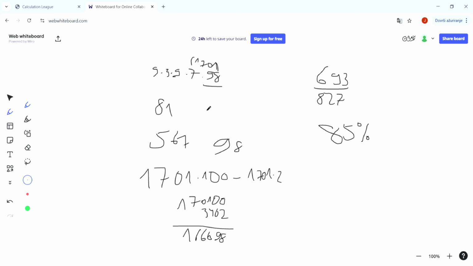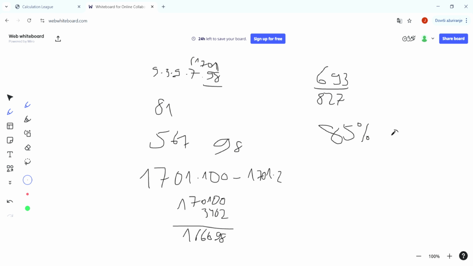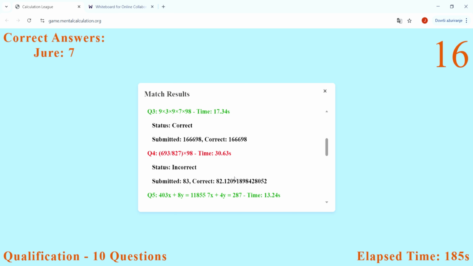So what should we do with that? We should take 85% of this number, 98. And then I made a mistake. I thought, okay, 85% of 98 should be a little bit more than 85, but actually it should be a little bit less than 85.